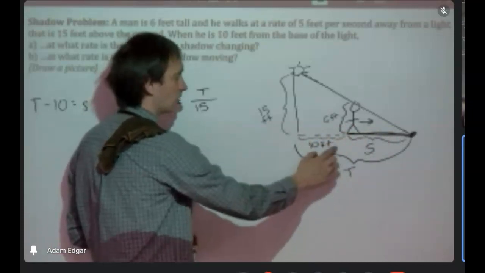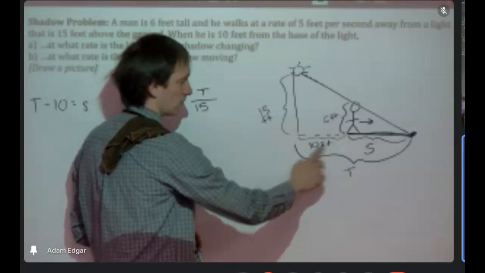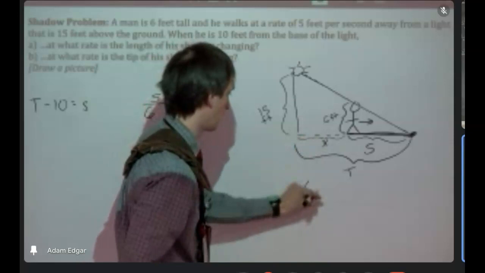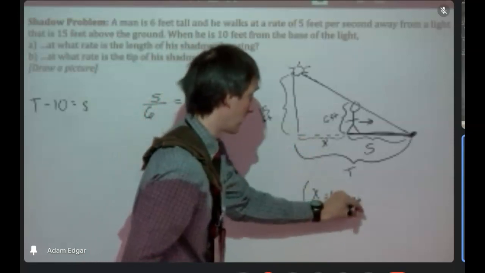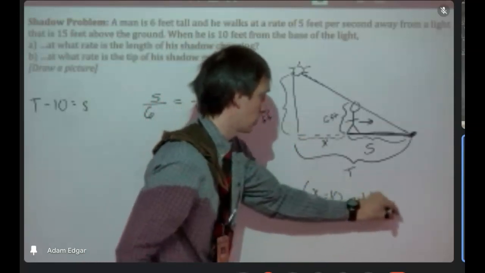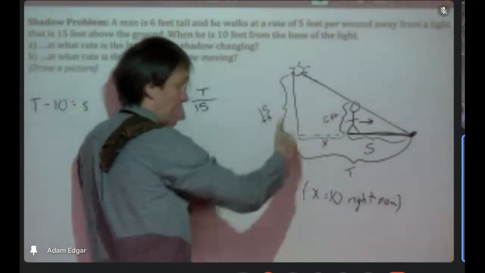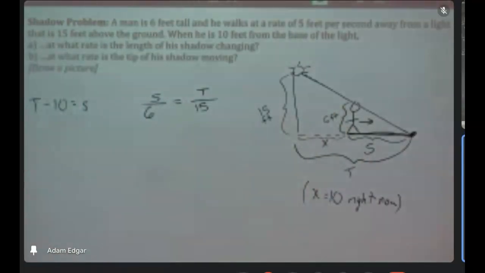What should we call it? Call it x. That works. So call that x, and we can say x equals 10 right now, but it isn't always 10. Because as you walk away from the lamp, the distance between you and the lamp is going to change. So that needs to be a variable. Which means, over here, instead of T minus 10, we should call this T minus x. All right, now we're in business.